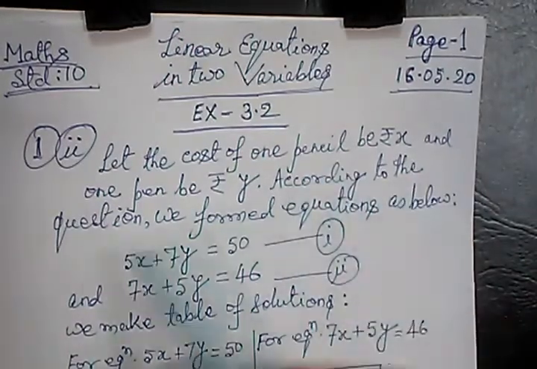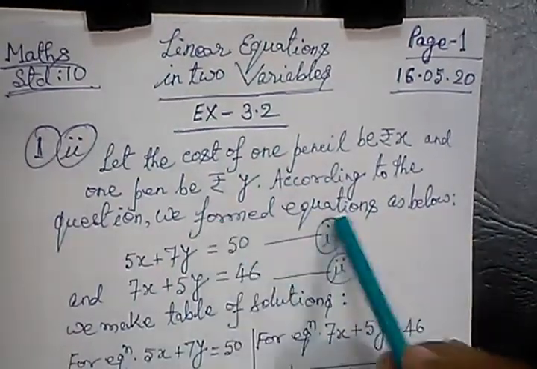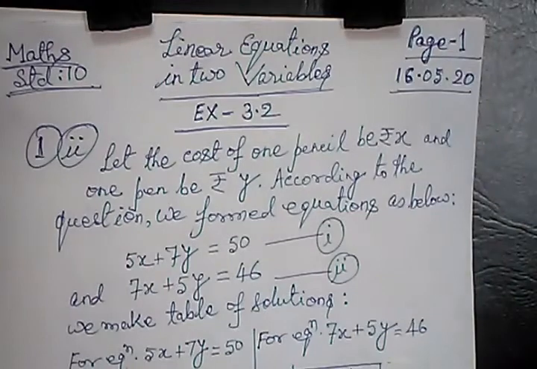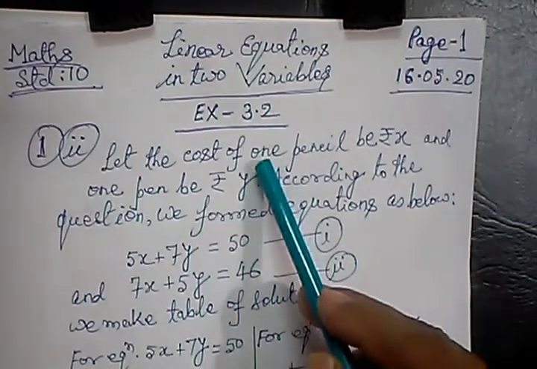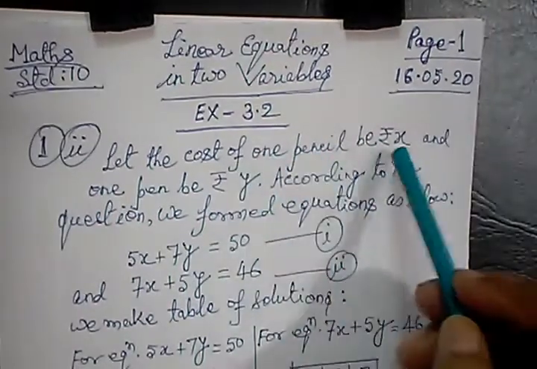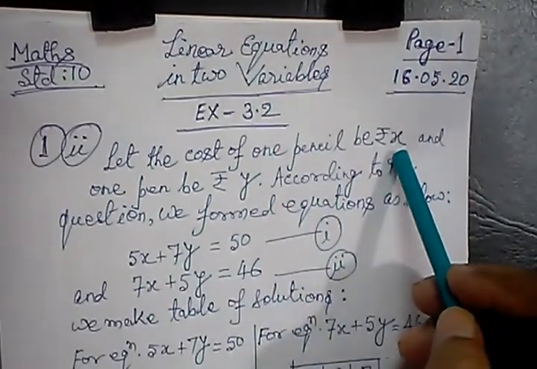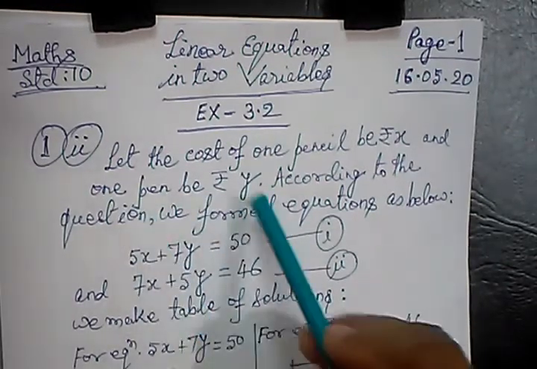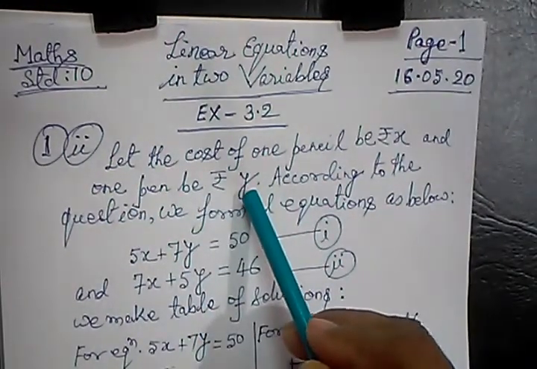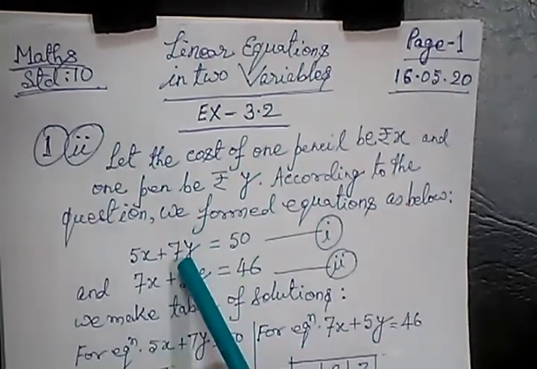According to the question, we formed equations as below. One pencil is costing X rupees, which means 5 pencils will cost 5X. And one pen is costing Y rupees, so 7 pens will cost 7Y.